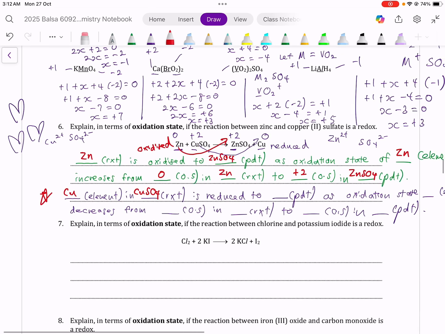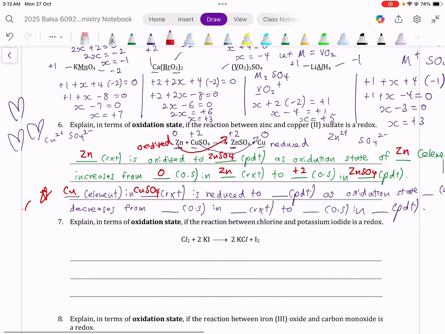So if your reactant is a compound, you need to refer to which element. Cambridge specifically mentioned that, so you need to do that.